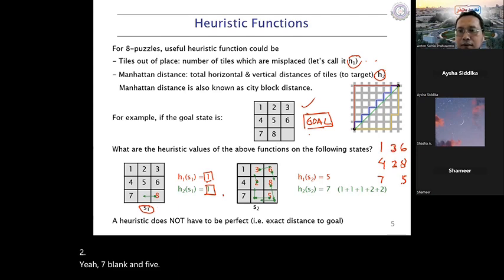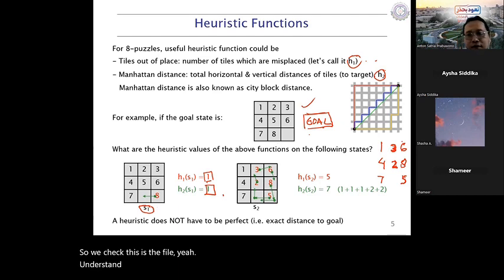So this is state 2. We check the tiles on state 2.